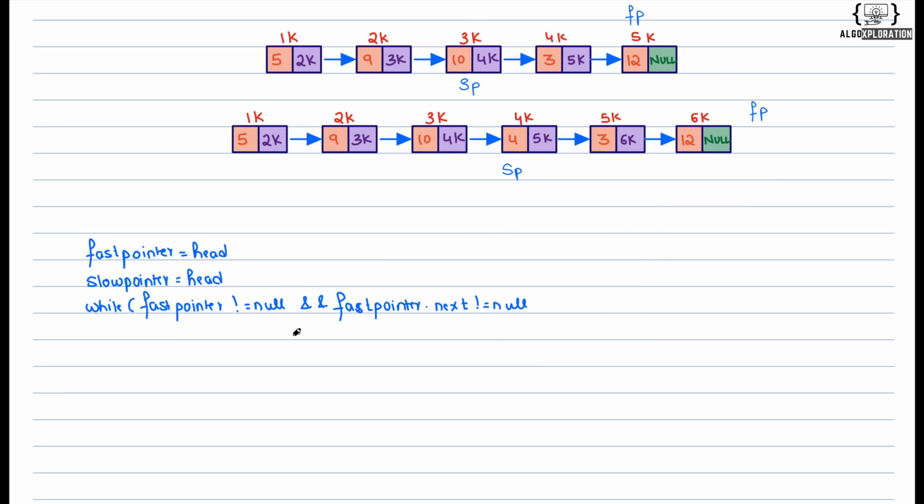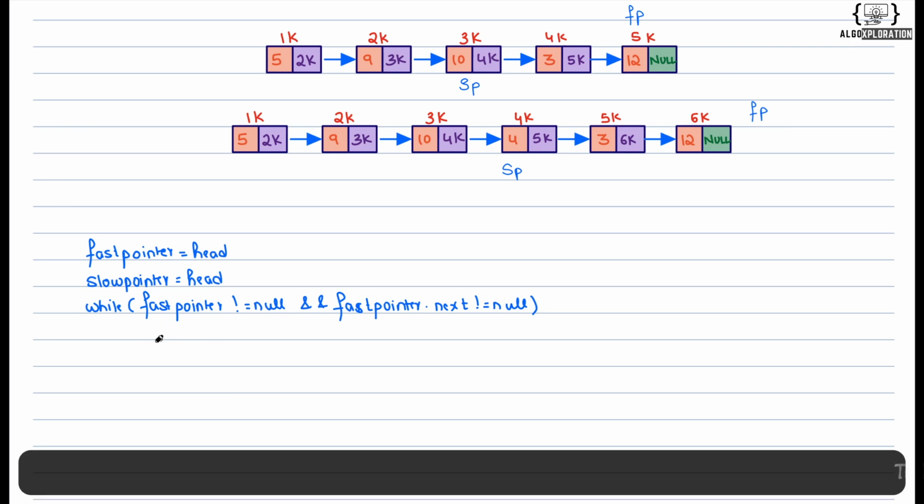If both conditions are true, then I will jump the fast pointer 2 times.